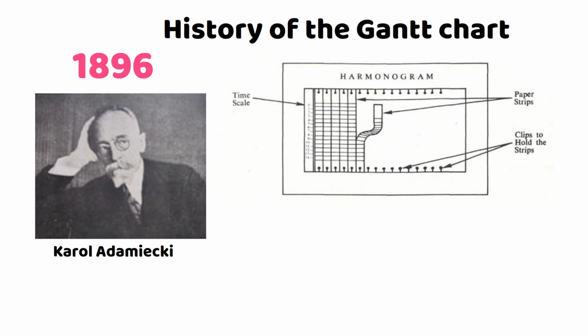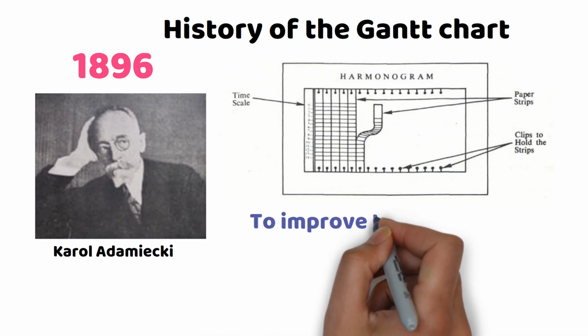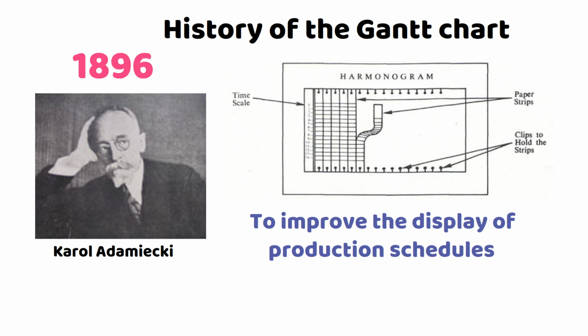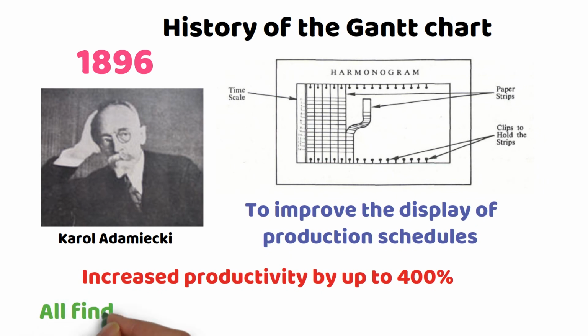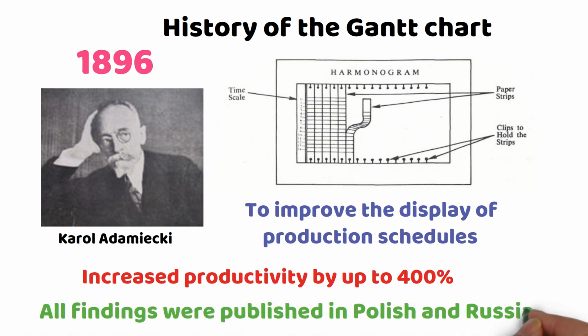It was a graphical analysis of the work harmonization. The major reason behind inventing this diagram was to improve the display of production schedules at that time. Companies implementing his method claimed to have increased productivity by up to 400%. The only problem was that all findings were published in Polish and Russian.